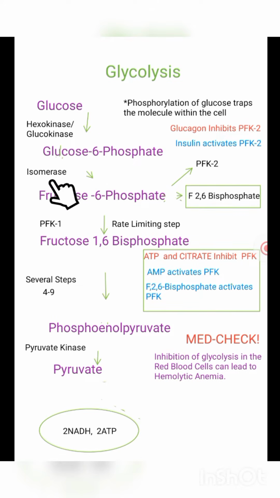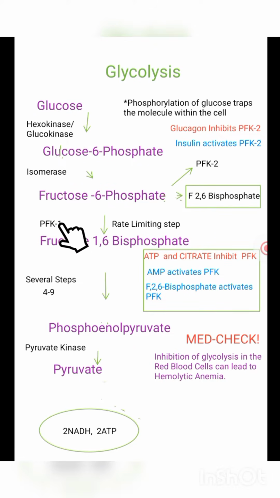In step 2, we simply see an isomerization reaction taking place from glucose 6-phosphate to fructose 6-phosphate, and the enzyme is an isomerase there. Now, step 3 is actually the rate limiting step, and it's a very crucial step, characterized by phosphofructokinase 1 or PFK1. So this becomes our control center.